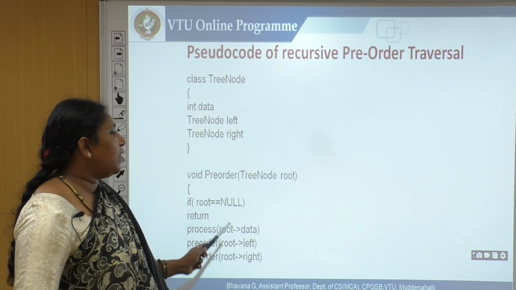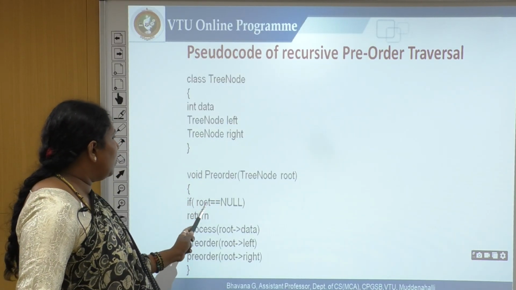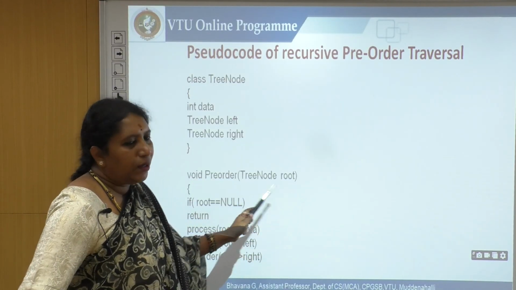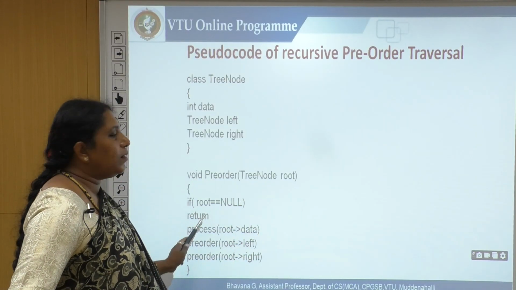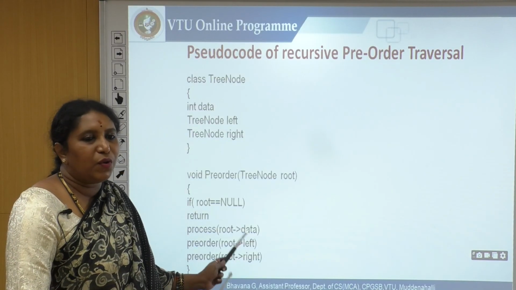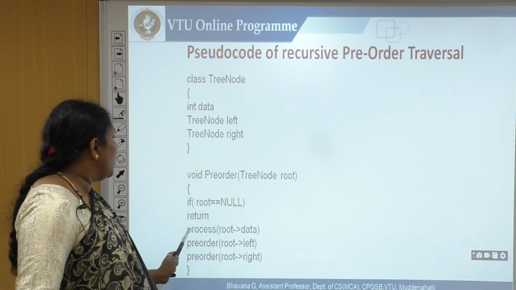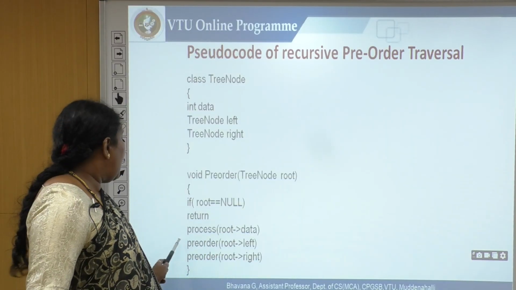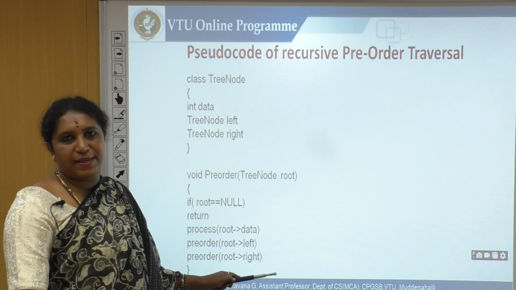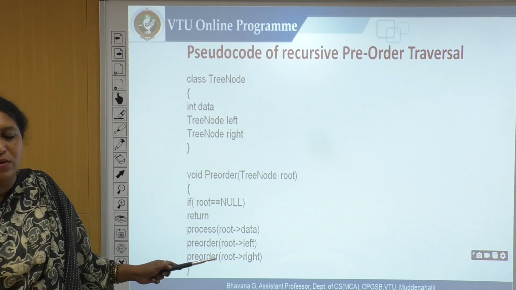So this is the algorithm to create a tree node. So in pre-order, void preorder, tree node root. If root is equal to null, return. First thing you're going to do in pre-order is process the data first, that is process the root data. After that, pre-order the left subtree, then you're visiting the right subtree. So this is the pre-order traversal.